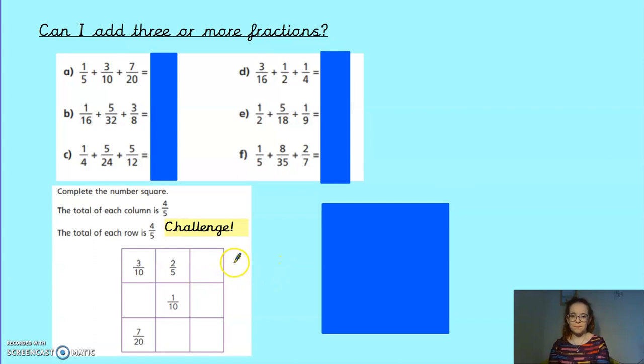So this missing number will make this row equal 4/5, and this missing number will make this column equal 4/5 as well. Can you work out what the missing numbers are? It will require a little bit of engaging your brain in gear today, but that is your spicy challenge.